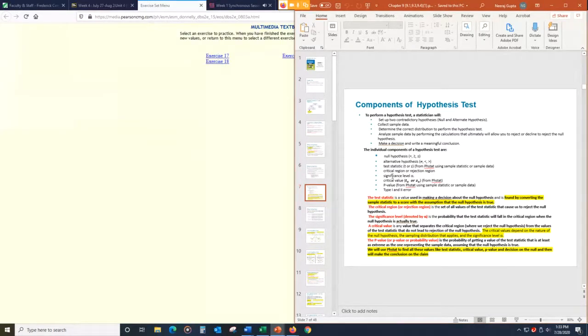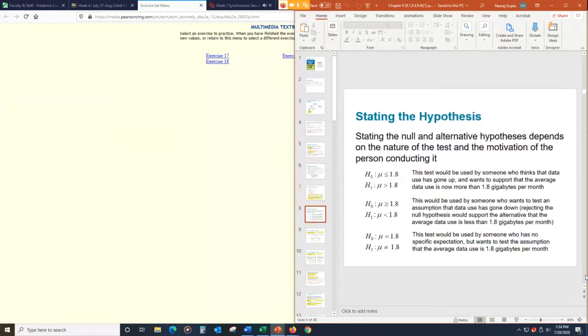That is the critical value, and the region on either side of that is called the critical region or the rejection region, because alpha is my probability of rejection and significance level is alpha. We have already seen what we mean by critical value. And p-value is the probability value which we get from the sample, and we have type 1 and type 2 errors. Okay, so these are the terms or components which we use in hypothesis testing.